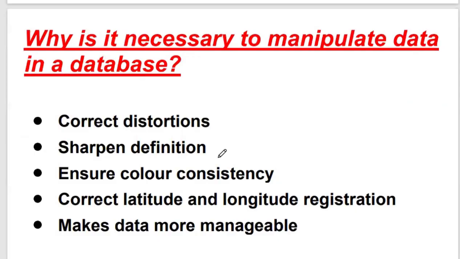Whenever you collect data, before you are able to make informed decisions, you should first of all check on the information. If there are any forms of distortions, you must change them so that the information becomes accurate and consistent. That is manipulation. You are changing the information to make it more useful in some sort. You are correcting distortions whenever there is something which is not according to the desired quality.